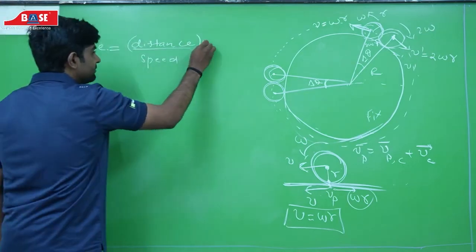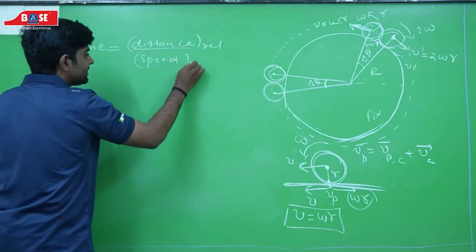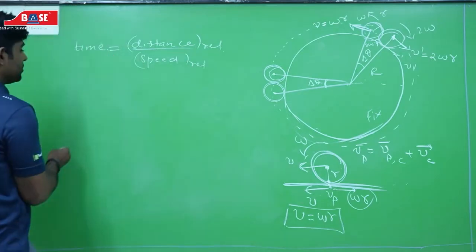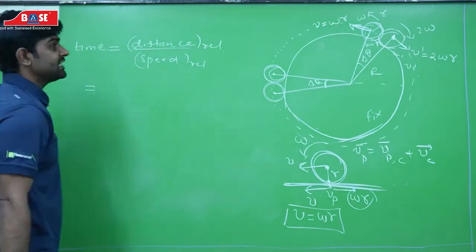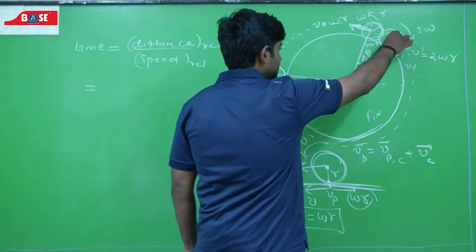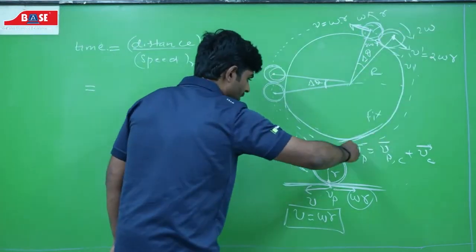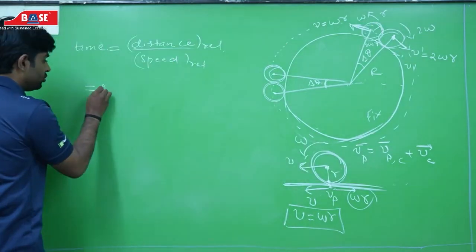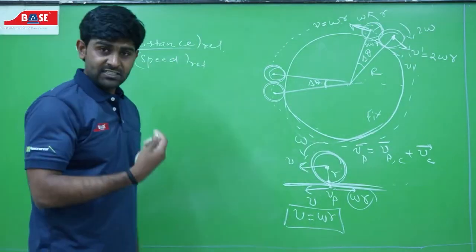Now we work with relative distance and relative speed. The time would be the same. Got it? Now using this logic, we have the distance that it has to travel relatively. If you keep one and look at the other, you know that this has to cover all the way and reach the other one, right? So overall, we have 2 pi radius, effective radius.